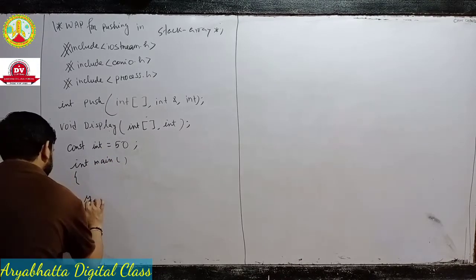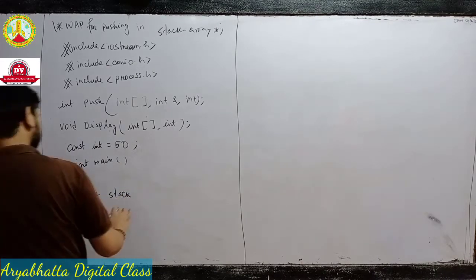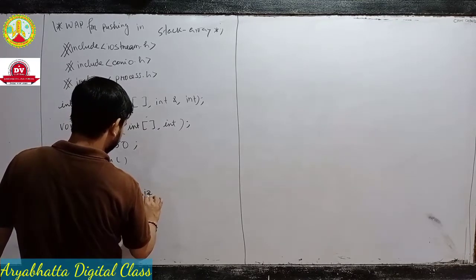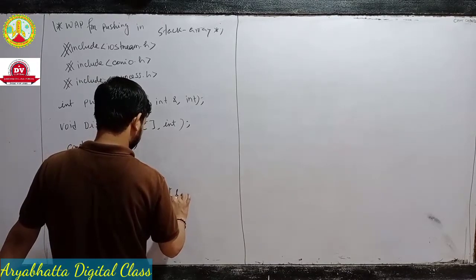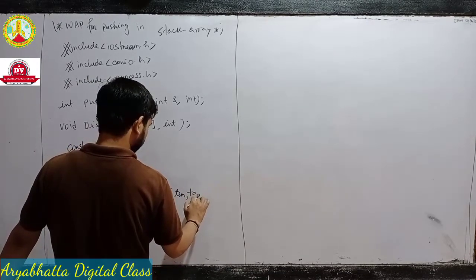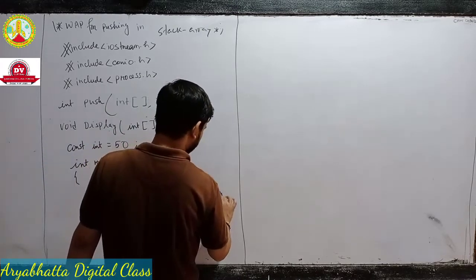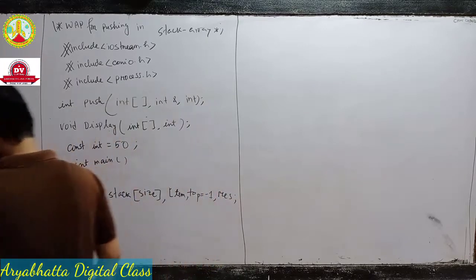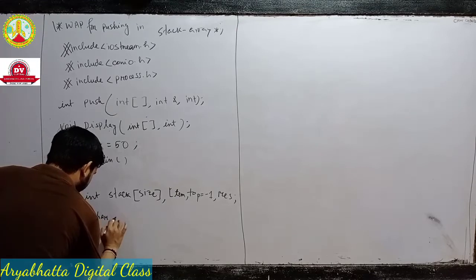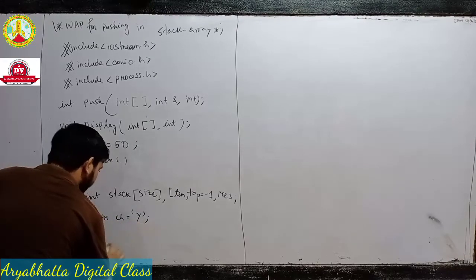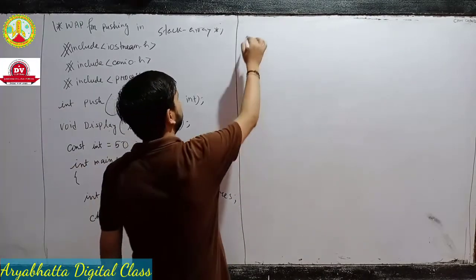In the main function you see we take the array as a stack, and in brackets we give the size, and item. Initial top will be initialized to -1, means empty. For the other variable we use res, or any variable you can take, but the book writes res, that's why I write res. And we take a character variable y. After that we use the while loop.